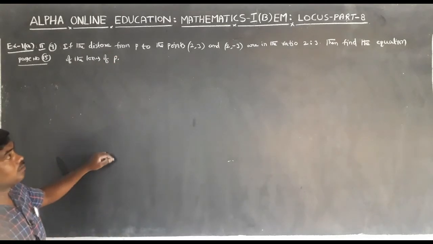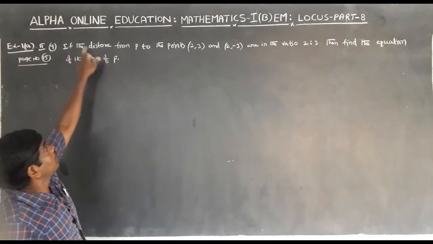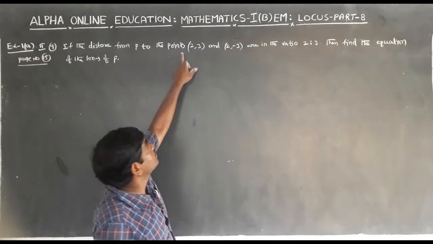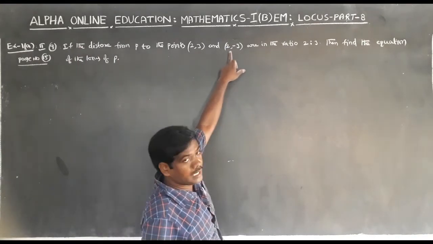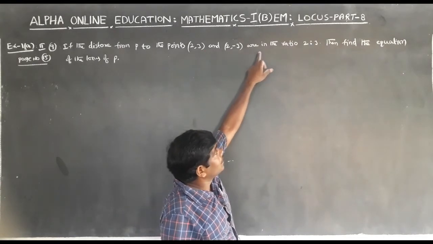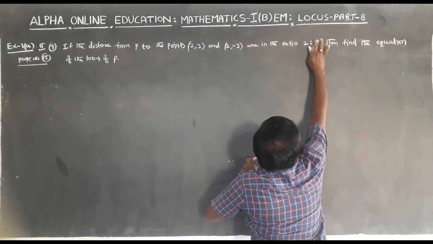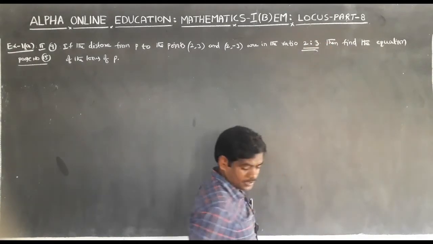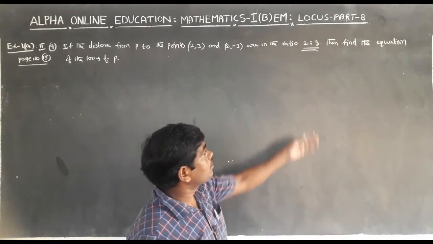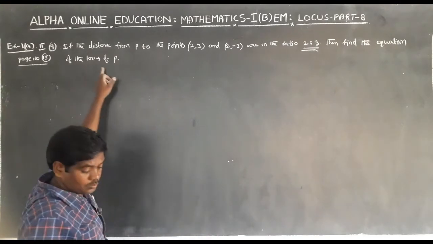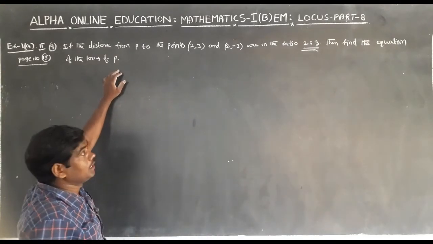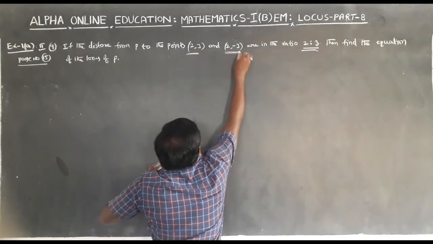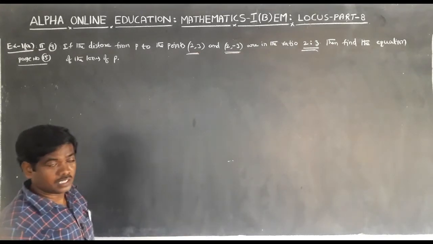This is the question. If the distance from P to the points (2, 3) and (2, -3) are in the ratio 2:3, then find the equation of the locus of P. Here given points (2, 3) and (2, -3).